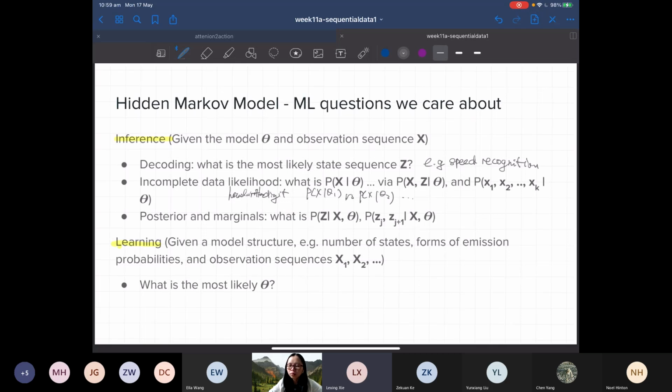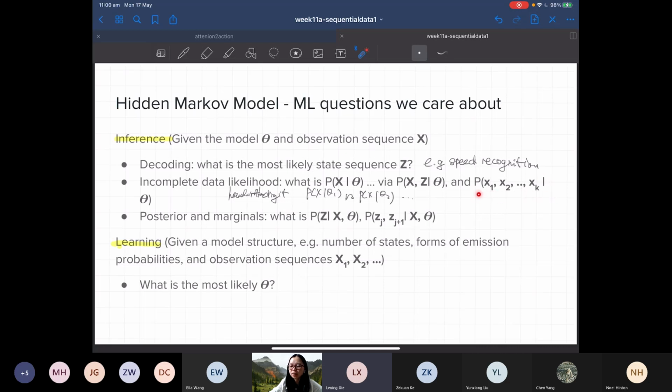And because we're looking at a hidden variable model, we wonder what the complete data likelihood is, right? By now you've seen EM a few times. You know that this term is kind of useful. And you will also wonder what is the probability of a partial sequence, right? So these are algorithmically useful quantities.